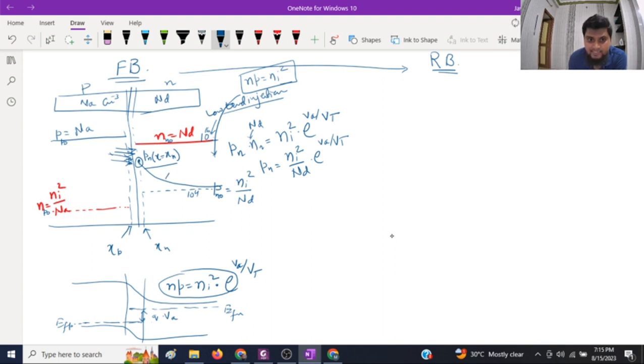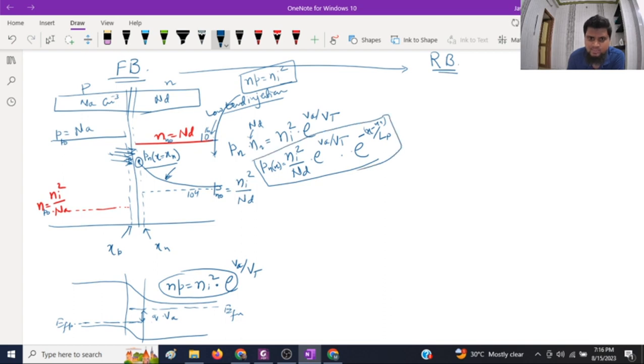And what will be the time constant, or you can say the distance constant? That will be equal to the diffusion length. So e to the power minus x upon LP, the diffusion length of hole in the material. Okay, so ideally it should be x minus xn. Anyway, this is the expression for hole concentration on the N side.